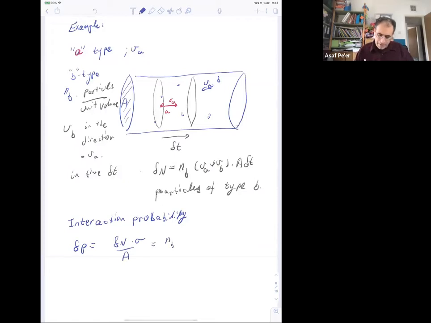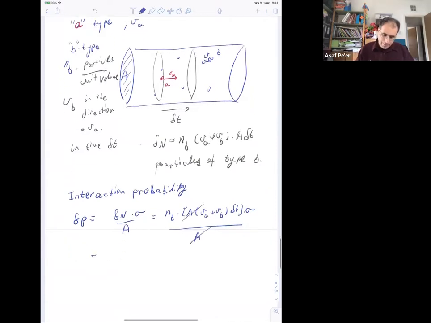Which is just NB times A times VA plus VB times delta t times sigma divided by A. So A cancels out. So this is just NB times sigma times VA plus VB times delta t. Now this is for a single particle.